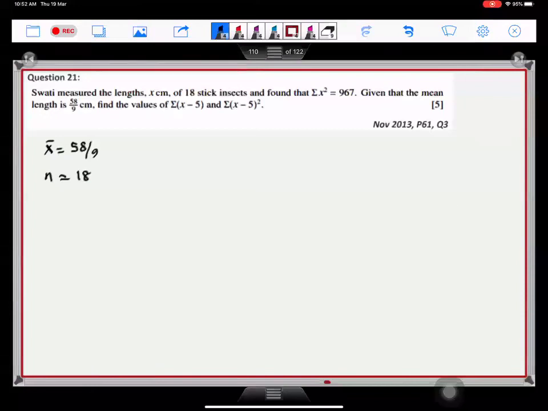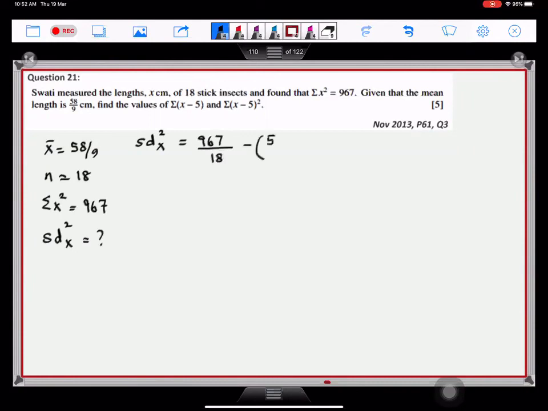What else do I have? I have sigma x square, that is 967. And now I'll calculate standard deviation for x, or variance of x. So SDx square, that is 967 over 18 minus 58 over 9 whole square. Let's leave it as it is. No need to calculate at this moment.